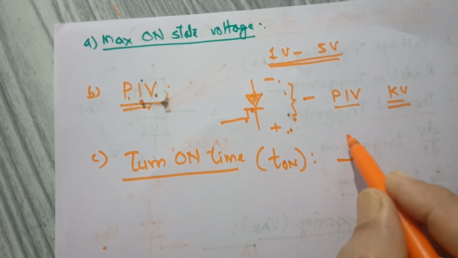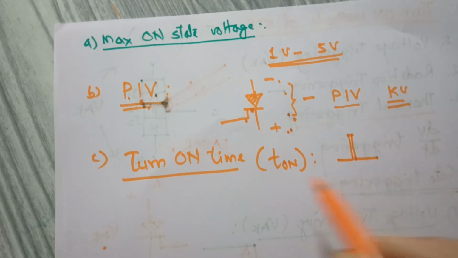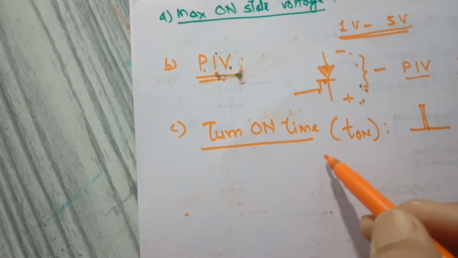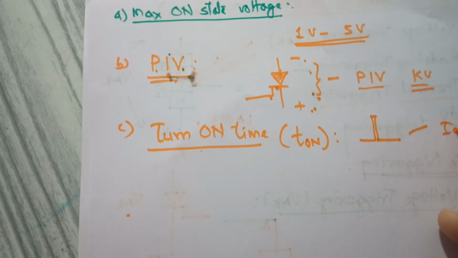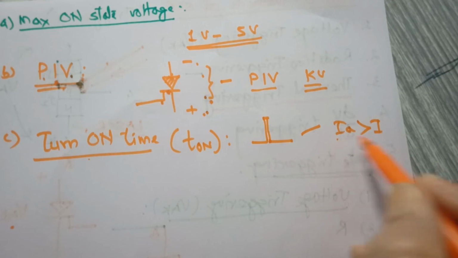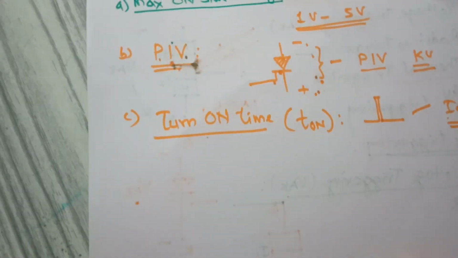So after applying the triggering pulse to the gate, how much time the SCR takes to turn on is called the turn on time. And you know the condition for turn on: the anode current should increase above the latching current. This is the required condition.